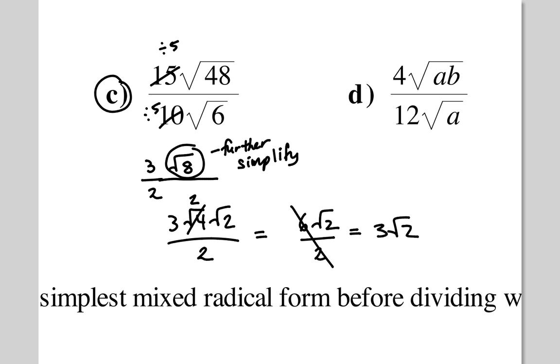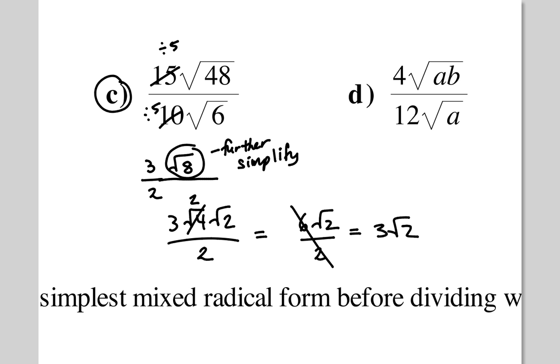15 square root 48 over 10 root 6. So I know that 48 has a factor of 6. So I'm just going to rewrite 48 as root 6 root 8, over 10 root 6. Those cancel.